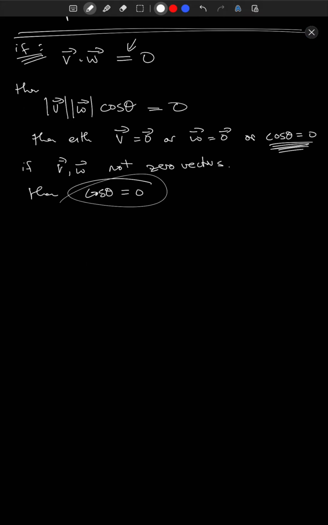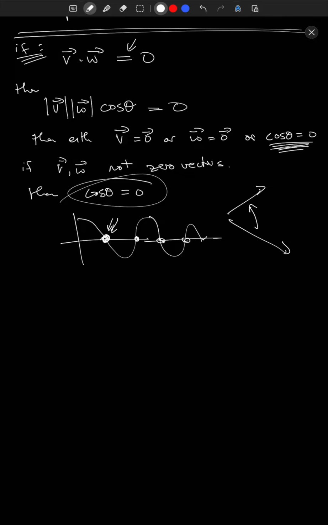All right, but how can cosine theta be 0? Cosine looks like this. Cosine theta is 0 right there, and it's only this one and not any of the other ones. We are only interested in this one because for the angle between two vectors we're taking the smaller of the two angles, and that has to be less than 180 degrees.